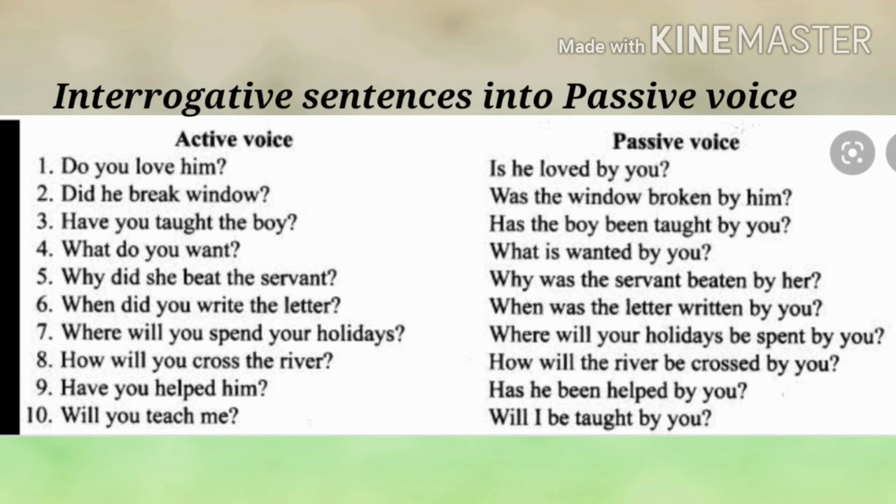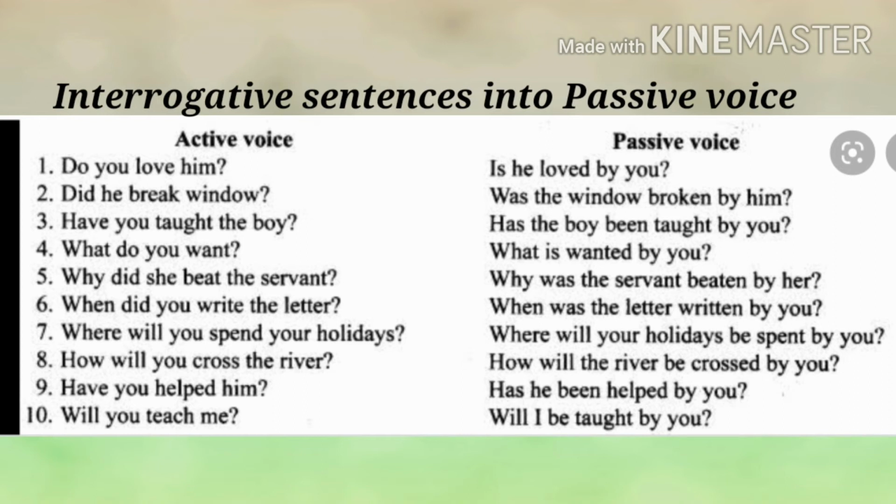For example, do you love him? In this sentence, the object is him and it converts into he, and with he we use is. So in place of do we will write is, then he. The third form of love is loved, by you. Our second sentence is: did he break the window?